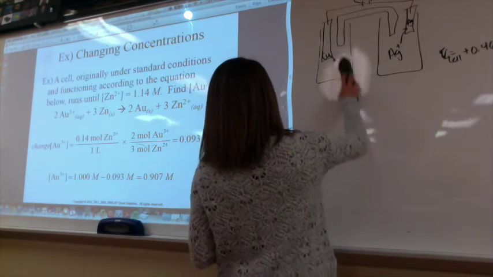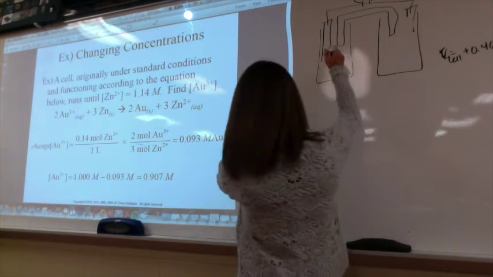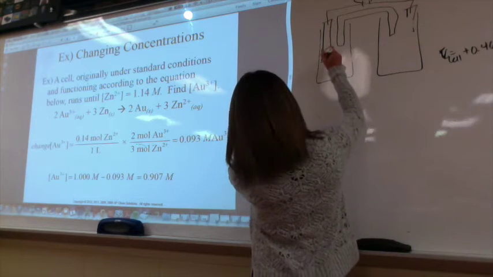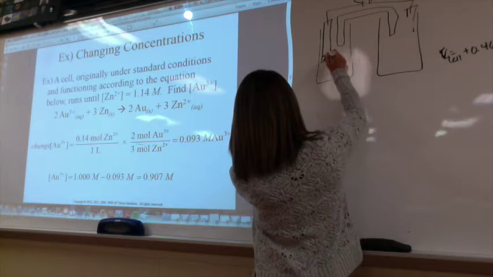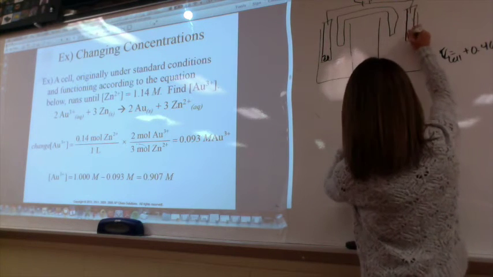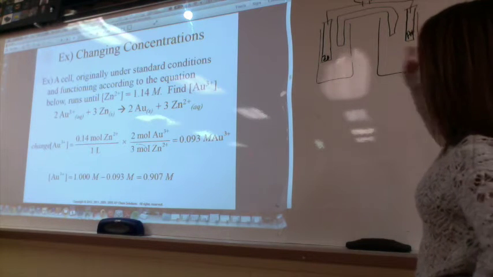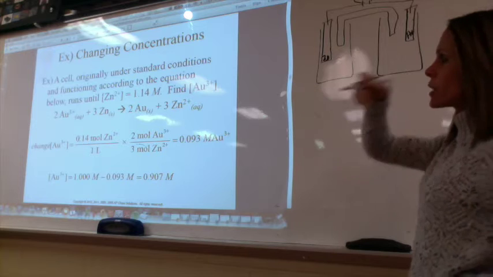So I'm just going to change what's in these electrodes. So this one has zinc. I'm going to draw it like this, and I'm going to ask you to determine which one each is. Where's the cathode and anode based on what's written here?